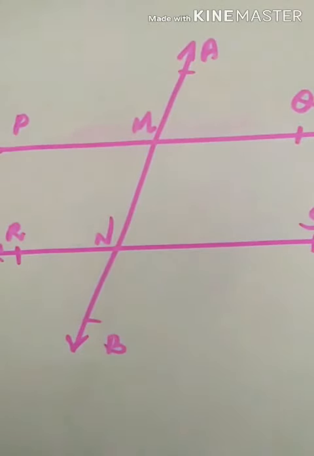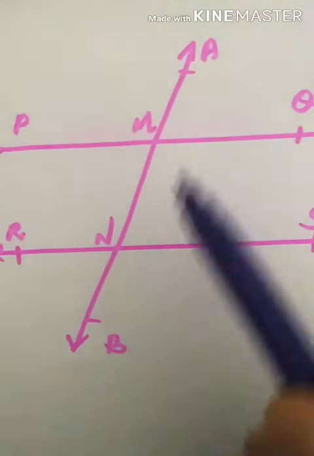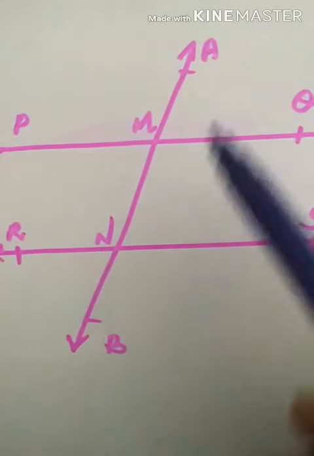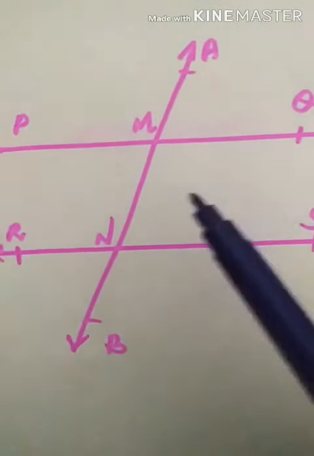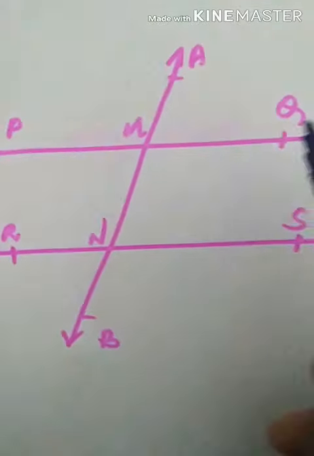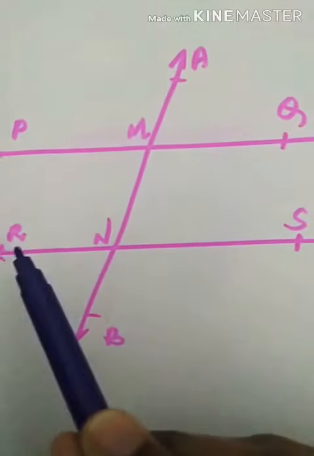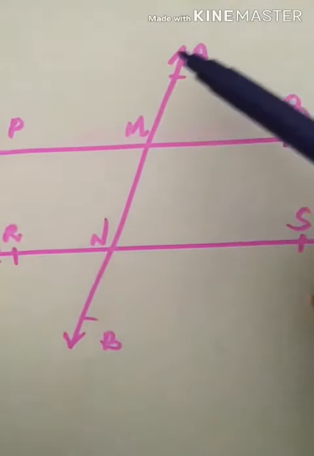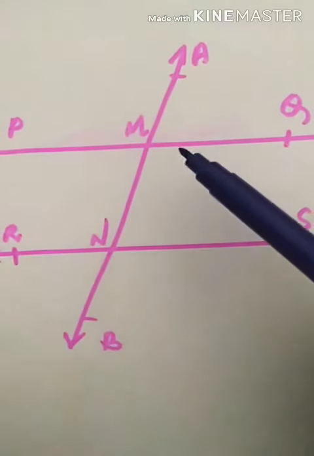I hope you remember in the last class we had discussed the corresponding angles, alternate angles, and interior angles for two parallel lines. Now, in this figure, as you can see, line PQ is parallel to line RS and line AB is the transversal.